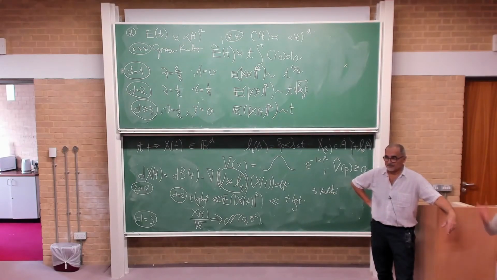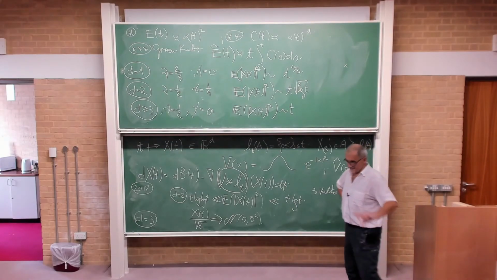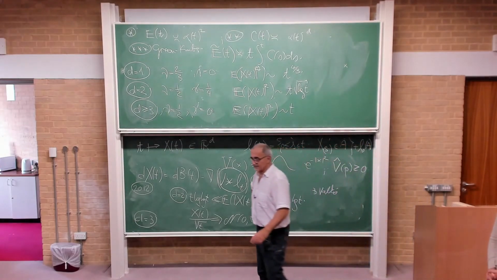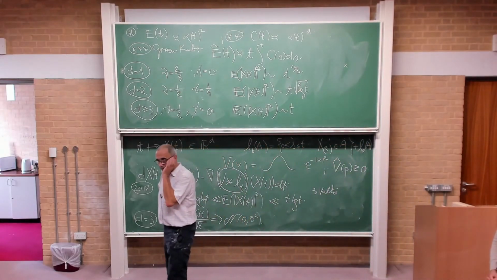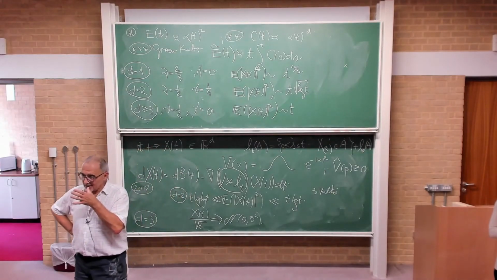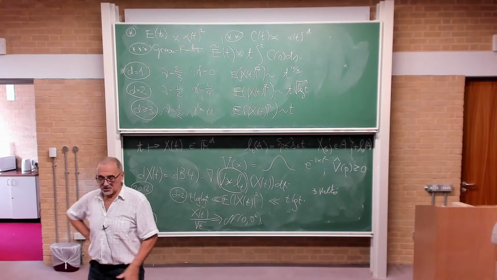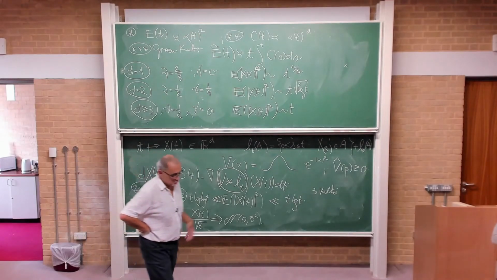And this index 2/3 also gives you the Hölder regularity of the trajectory, yeah. Is there any sort of link between this self-avoiding random walk and fractional Brownian motion? I don't think so.